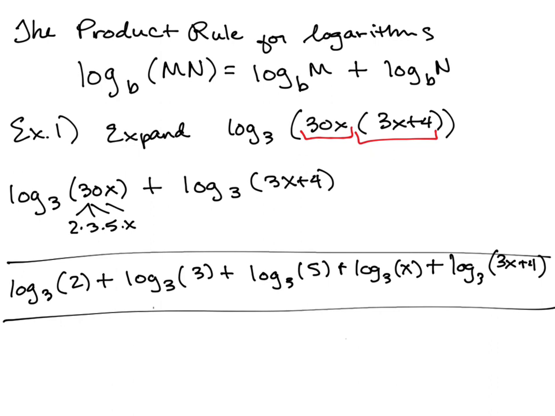We're just unpacking it down to its finest, smallest point. Okay, first, middle, last, and your mother's maiden name on the end. One thing that I wanted to point out is we did not expand 3x plus 4 any further, because that's not a product. If it had been 3x times 4, you bet we'd have popped it all the way out, but it's not.